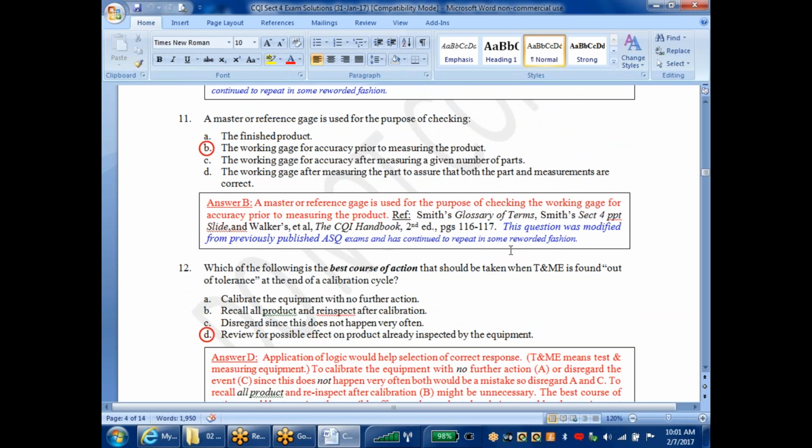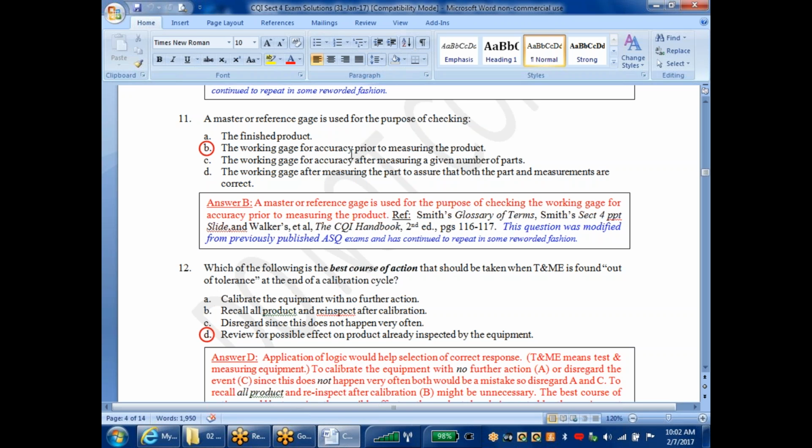Eleven, a master or reference gauge is used for the purpose of checking which of the following? And again, when you look through those answer choices, B will come out to be the correct answer. Its purpose is checking the working gauge for accuracy prior to measuring the product.